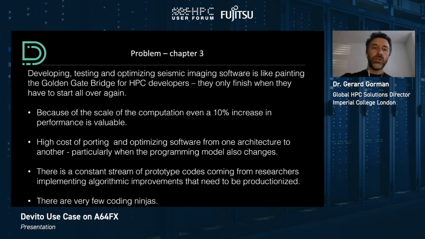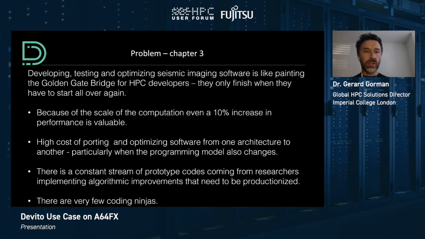There's also a huge cost to porting and optimizing the software from one architecture to another, particularly when the programming model changes. It's often remarked that if you think buying the HPC hardware is expensive, you should see how much software development costs. This is a massive cost, this constant cycle of development.